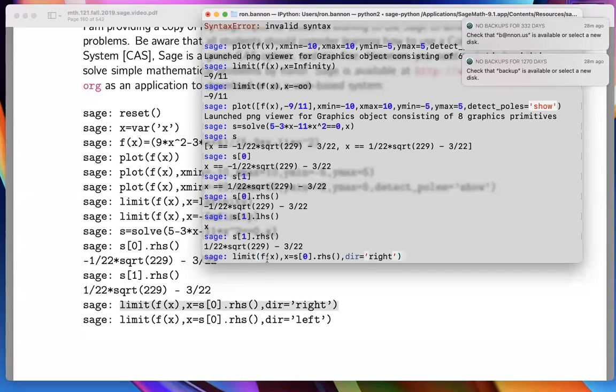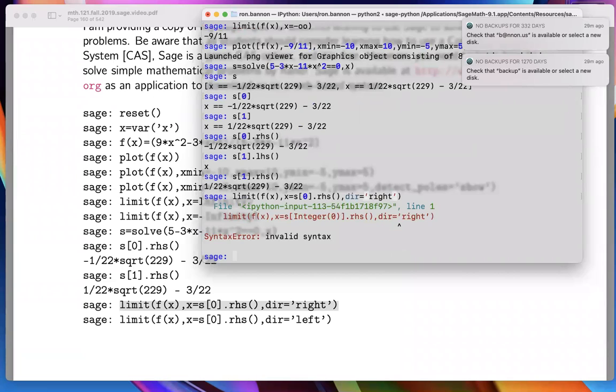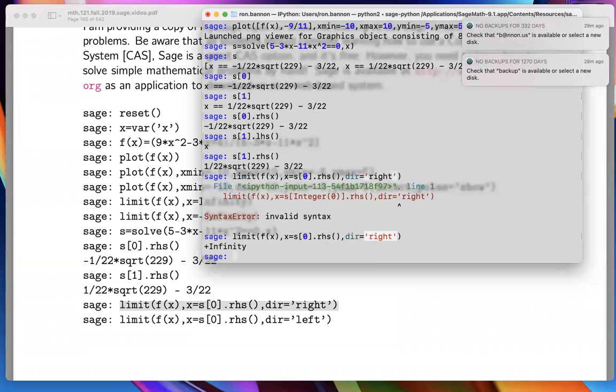It wants the limit of f of x as x approaches S[0], right-hand side. What's that? This number over here. Now, by the way, I don't want to type that number in. That's why I wrote the code down here. Direction, right side. Oh, you know what? I got the quote marks again. Sorry about that. That's a big thing of copy paste, by the way. Plus infinity. All right, let's do left now.